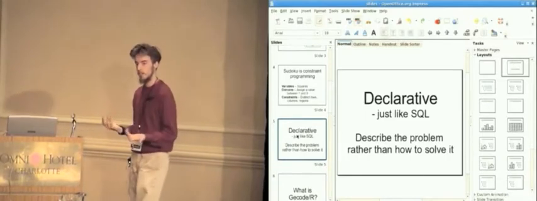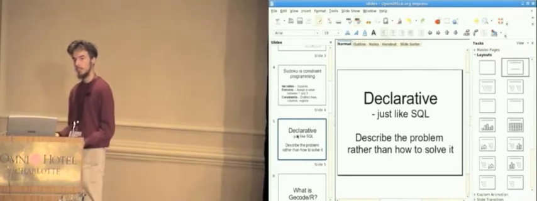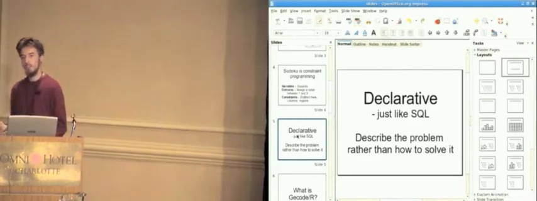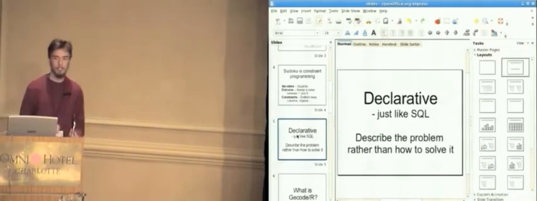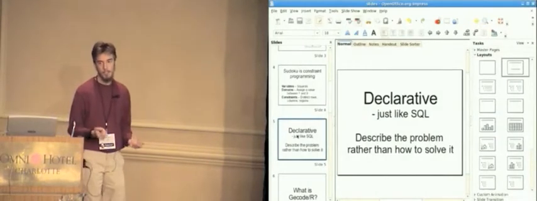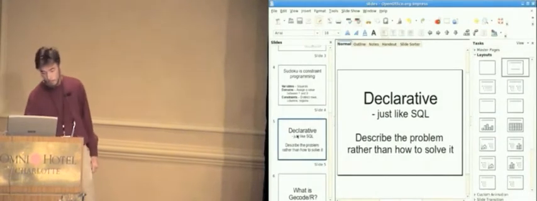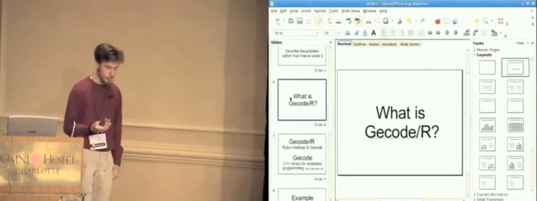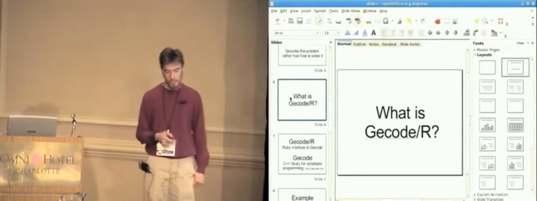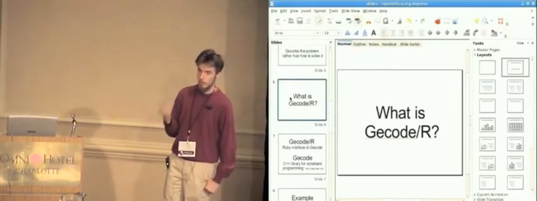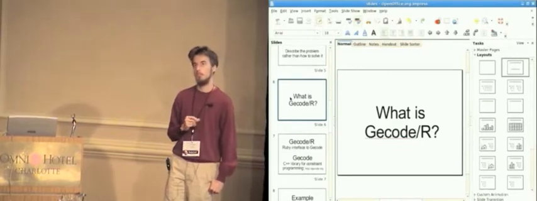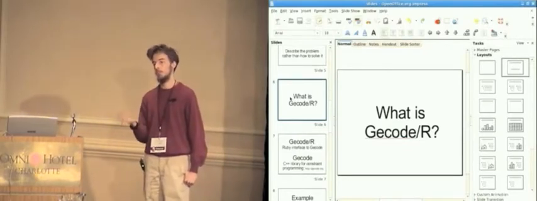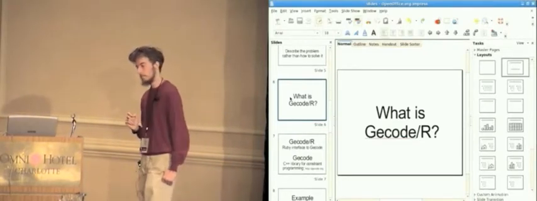The database does this automatically. You don't have to tell it to do that, but it's thanks to that you only state a problem. You don't try to tell the database how to solve the problem. And it's the same thing with constraint programming. So you only state a problem, not how to solve it. In the case of databases, you hope that the database will do something smart. And it's the same thing with constraint programming. You hope that the constraint solver will do something smart, so you don't have to worry about it.